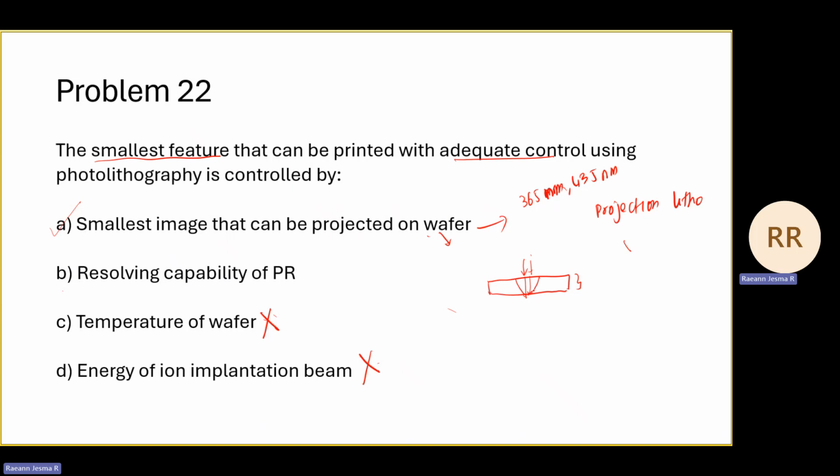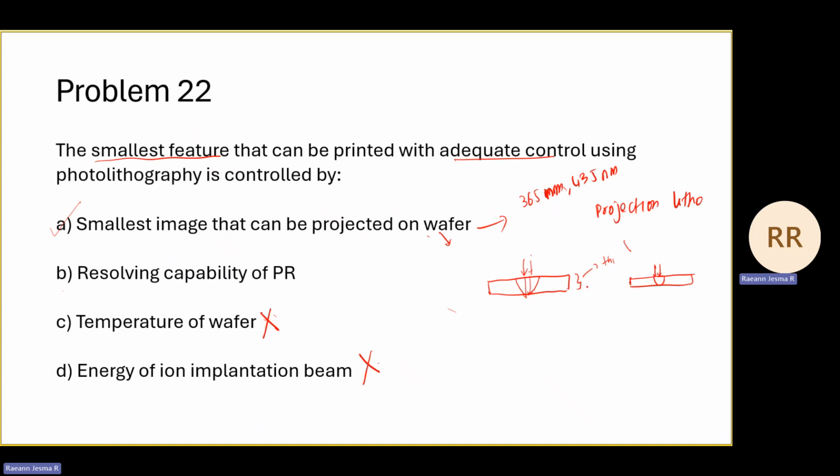So the features will become larger than what you want. But if you have a thinner photoresist, then the amount of energy you need to expose the particular region can be decreased. Also, the exposure time can be reduced. So the exposure beam, when it is falling on the resist, will not spread as much when compared to using a thicker photoresist.